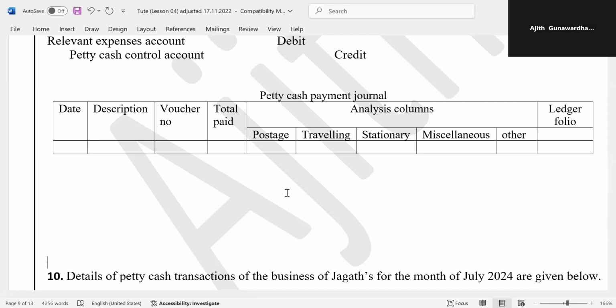We have discussed the cash payment journal, which is for payment by issuing checks. But here it is a small amount of expense paid in cash. From the beginning, I'm going to discuss how to prepare the petty cash payment journal. Then I will discuss how to record that information in the ledger also.